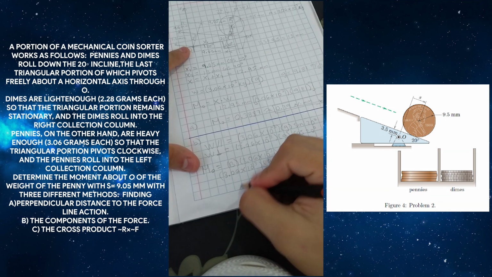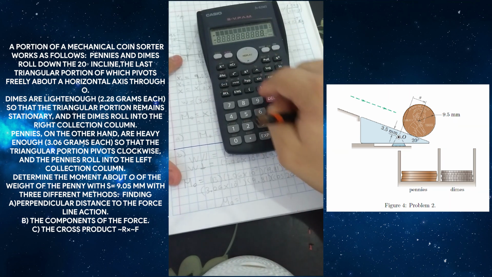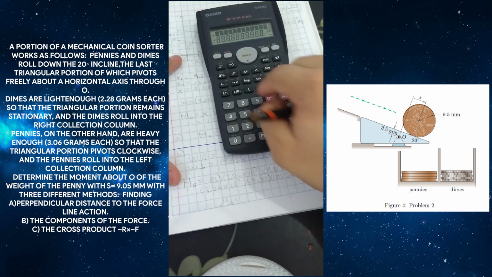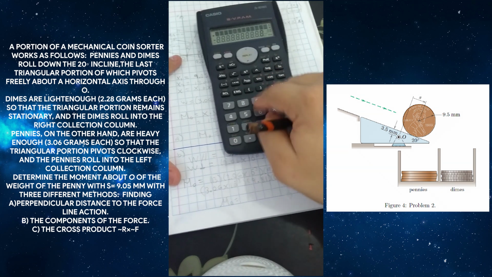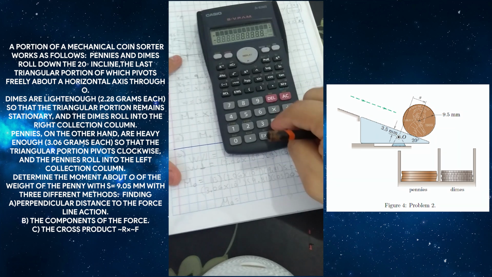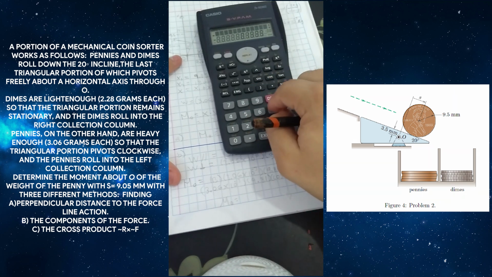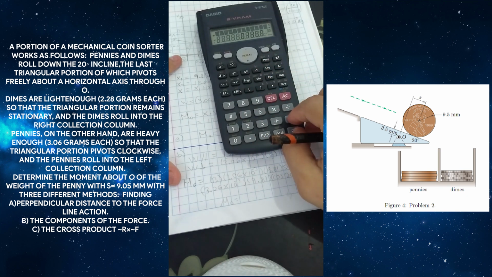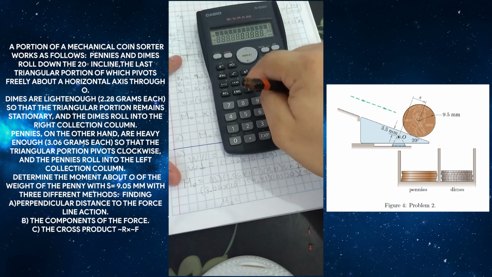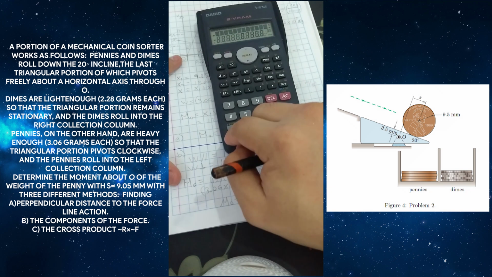Finally, the moment about O is, I'm going to use the calculator, 13 times 3.06 times 10 power negative 3 times 9.81 times sine of 20 plus 3.06 times 10 power negative 3 times 9.81 times cosine of 20 times 9.05.